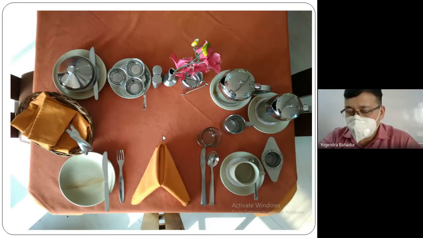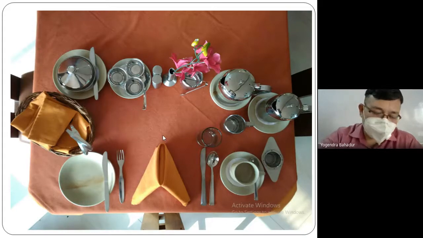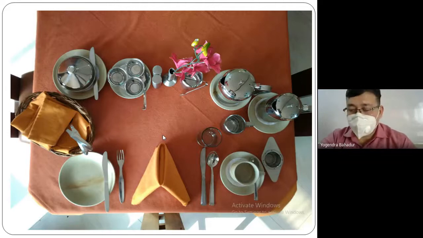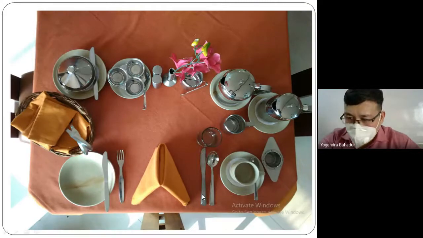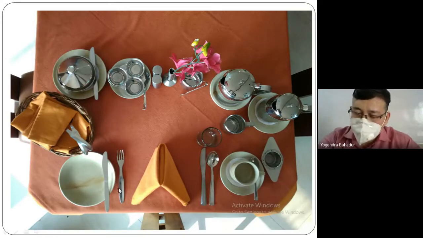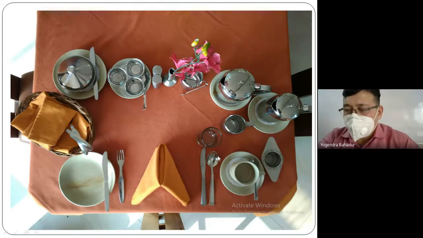And as we have just discussed, whenever we are serving any Indian breakfast, the guest is going to have some gravy items. So along with providing the AP knife and AP fork, we are also providing one AP spoon in the cover.